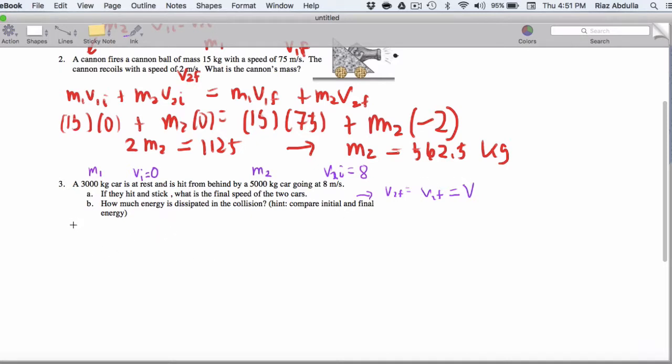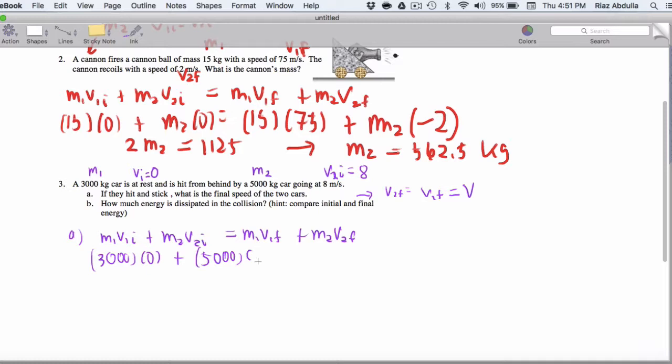Let's now solve part A. M1 V1 initial plus M2 V2 initial equals M1 V1 final plus M2 V2 final. We put in our numbers: 3,000 times 0 plus 5,000 going at 8 equals 3,000 going at the final V plus 5,000 going at the final V. I can now combine these terms.